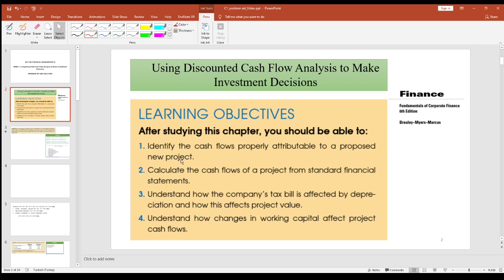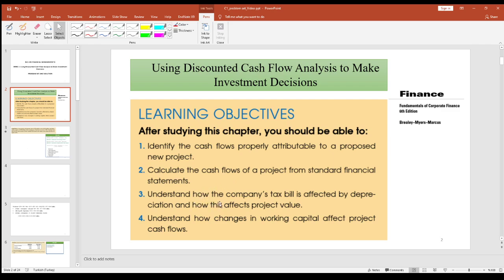We have 4 learning objectives. First, to identify the cash flows properly attributable to a proposed new project. Second, to calculate the cash flows of a project from standard financial statements, mainly the income statement here.